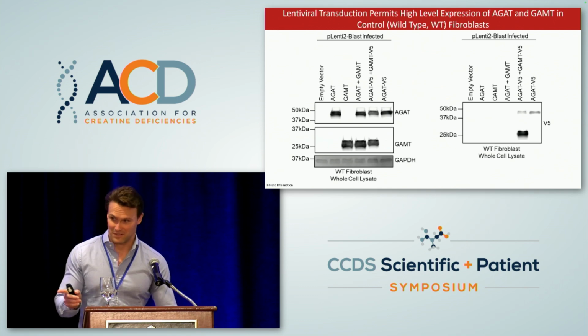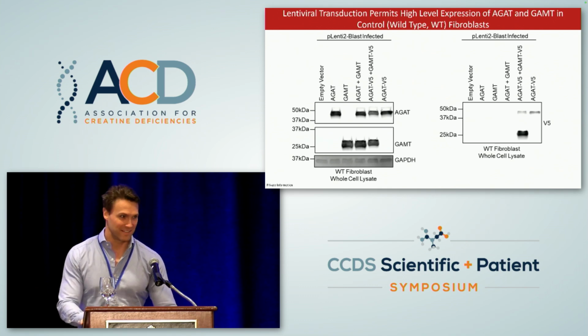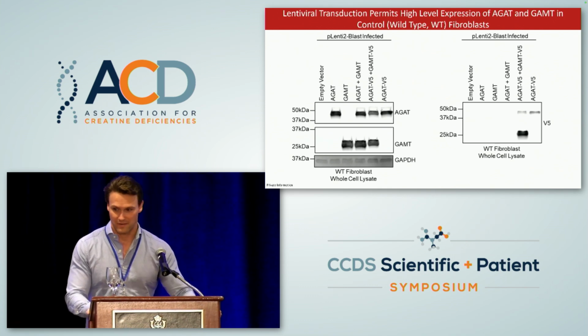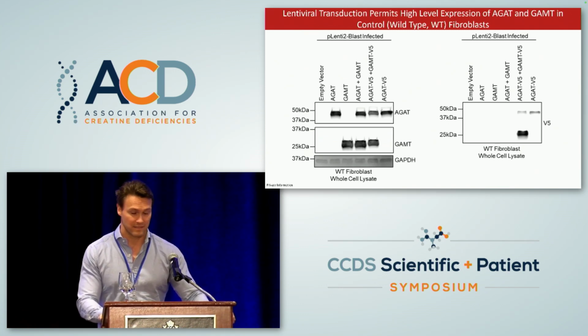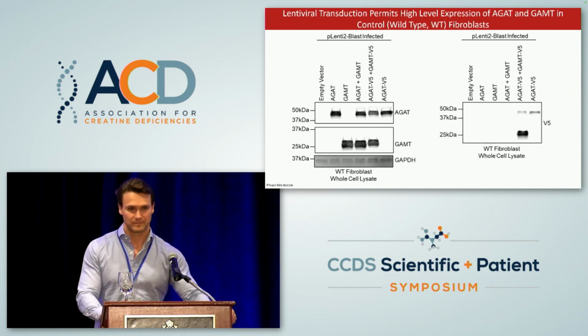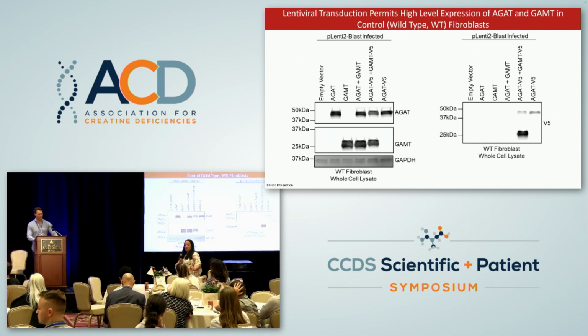I think that was shown by Jerry last year, that you generate these other guanidino compounds that could be potentially toxic. So it's almost a safety net to have a lot of GAMT around. But yeah, what is the optimal concentration of these two enzymes is something to explore. Yeah, definitely. Great.